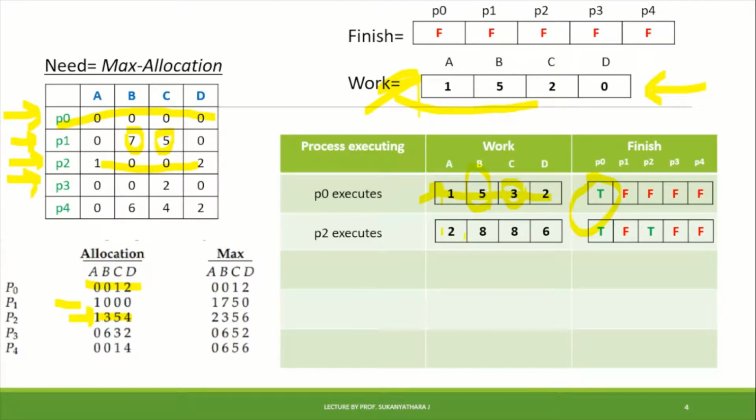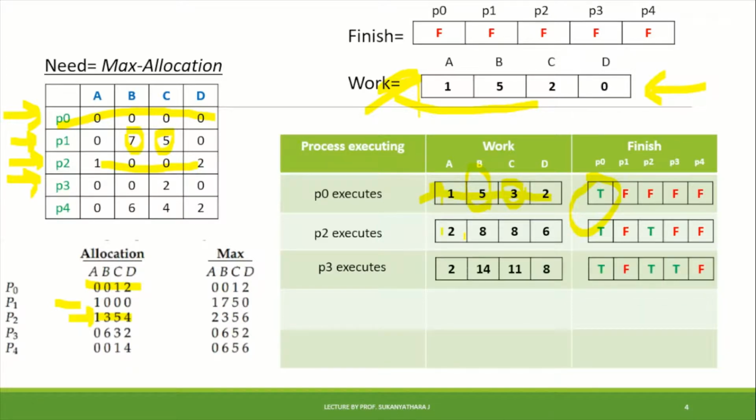Yes, obviously P3 can execute. When P3 executes and completes, it terminates by releasing all the resources it was holding. We make finish of P3 true and add allocation of P3 to work. So the new value of work becomes 2886 plus 0632, that is 2 14 11 8.